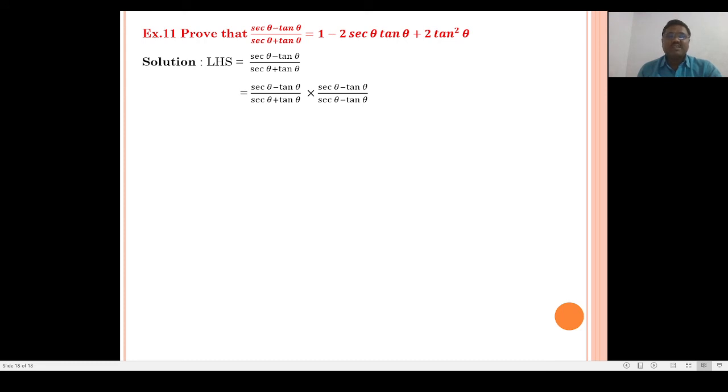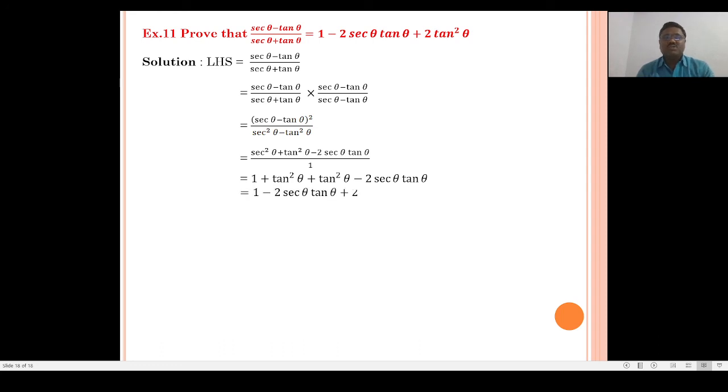Rationalize the denominator, because in RHS we want the denominator as 1. So we get sec square theta plus tan square theta minus 2 sec theta tan theta upon 1, and so we get 1 plus tan square theta plus tan square theta minus 2 sec theta tan theta. So we get RHS: 1 minus 2 sec theta tan theta plus 2 tan square theta.